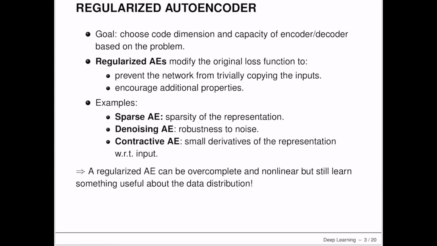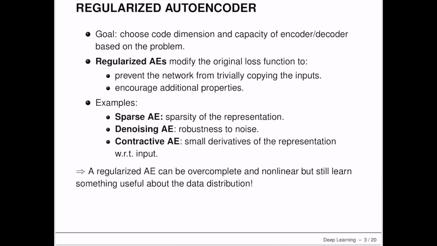But just reducing the number of hidden neurons to force the autoencoder to copy only important information might also not be what we would like, since we would rather choose the hidden dimension to adapt the capacity based on the problem.